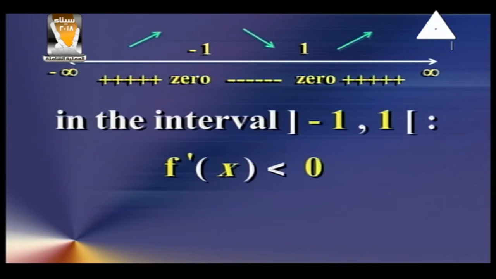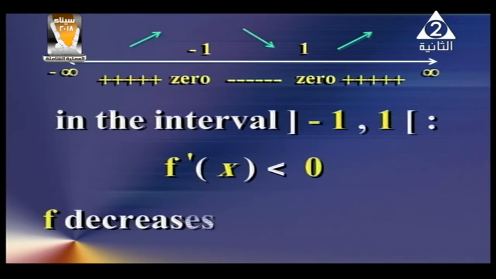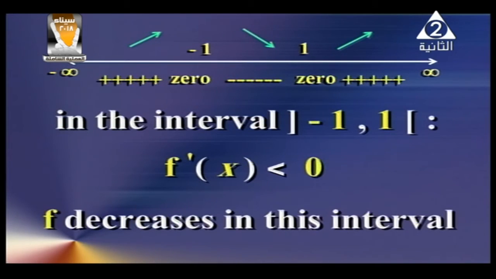Then the function f decreases in the interval (-1, 1). Why? Because f'(x) is smaller than 0. Take x belonging to the open interval (-1, 1) and substitute in f'(x). We find f'(x) smaller than 0, or negative, so f decreases in this interval.